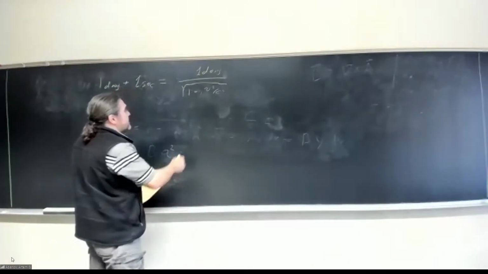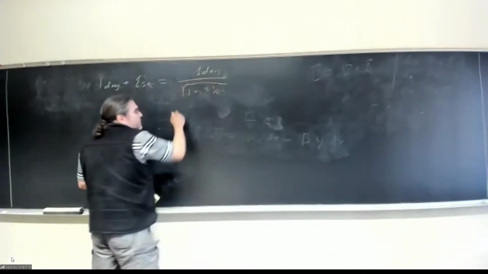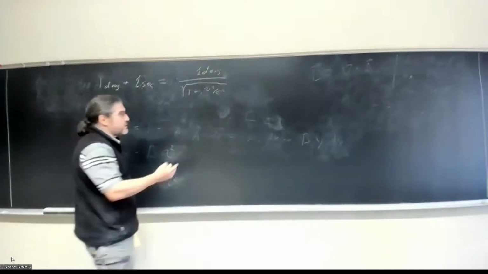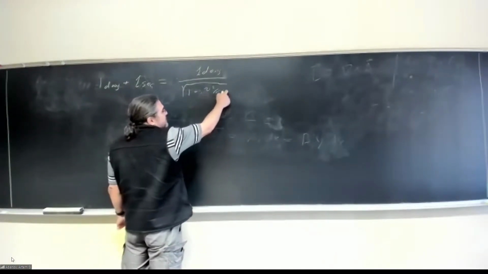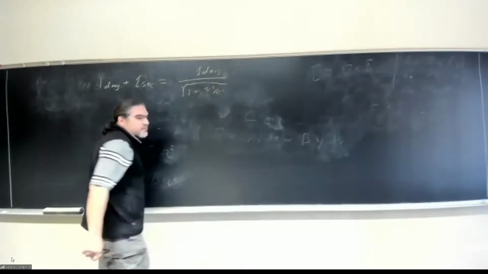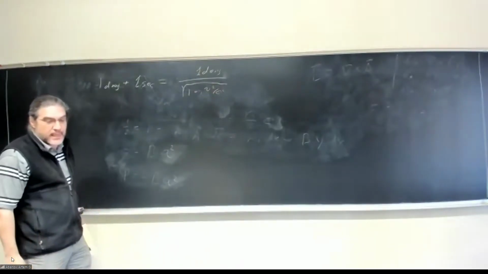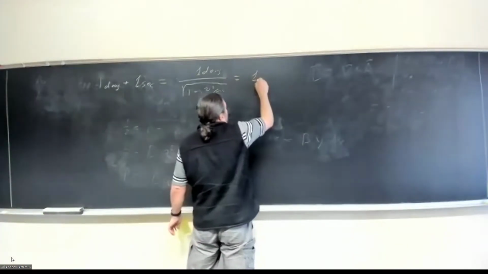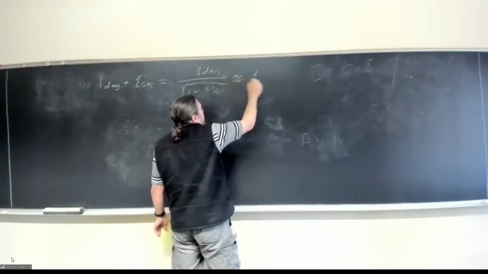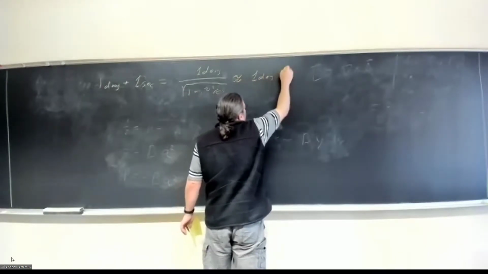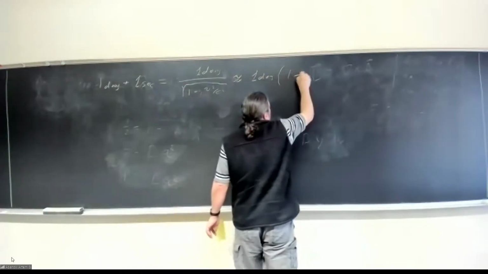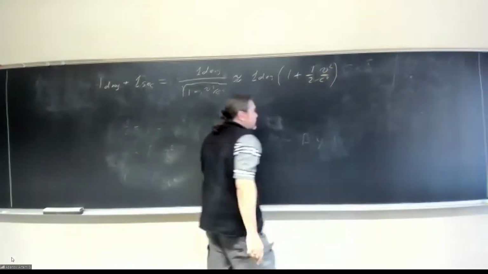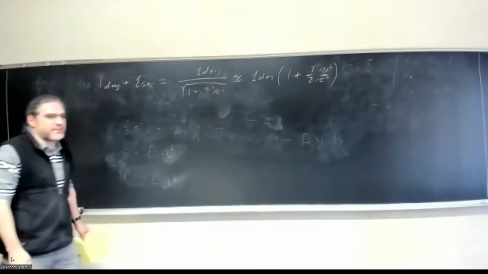So it means that this square root is almost 1, and if the square root is almost 1, it means that v squared divided by c squared is very small. If that number is very small, you can use Taylor expansion. So this equals 1 day times 1 plus 1/2 v squared divided by c squared. The accuracy is very good here.